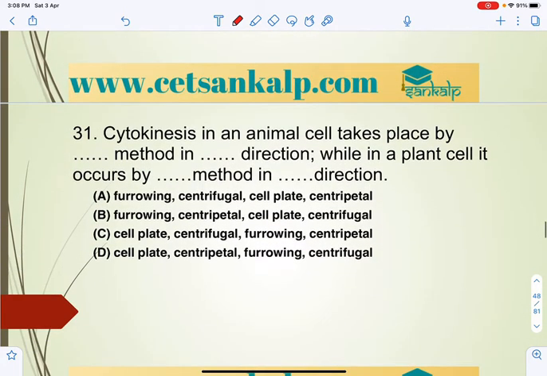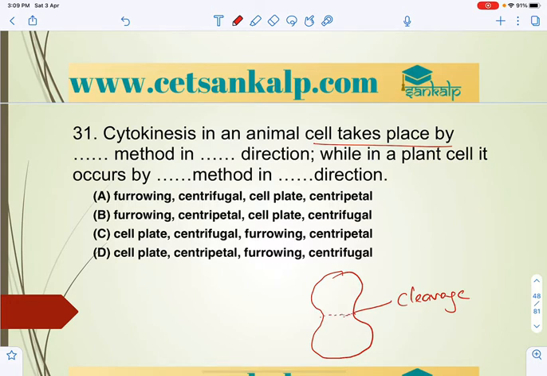And cytokinesis in an animal cell takes place by a method of, so generally we have discussed this, that is what exactly the cleavage is and where the cleavage furrow takes place. So cytokinesis in an animal cell is because of the cleavage furrow. This is a cleavage furrow where the plasma membrane is pulled by the centriole and attaches, and that leads to complete division of this cell.